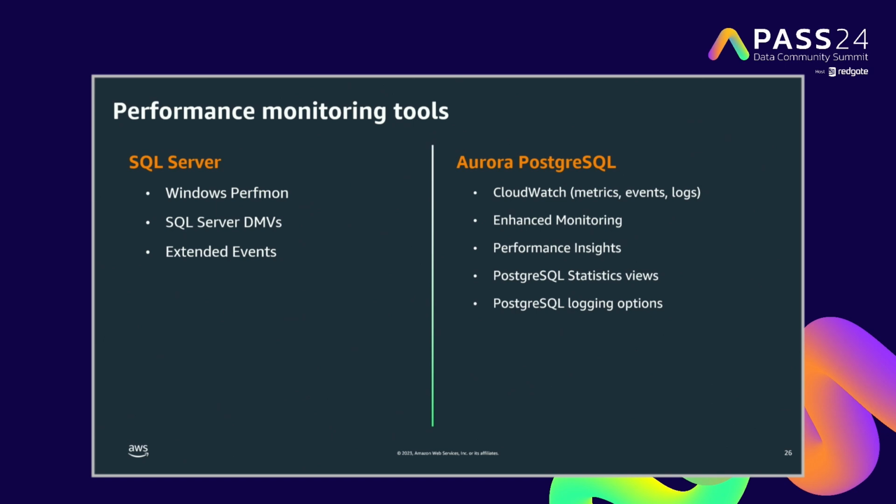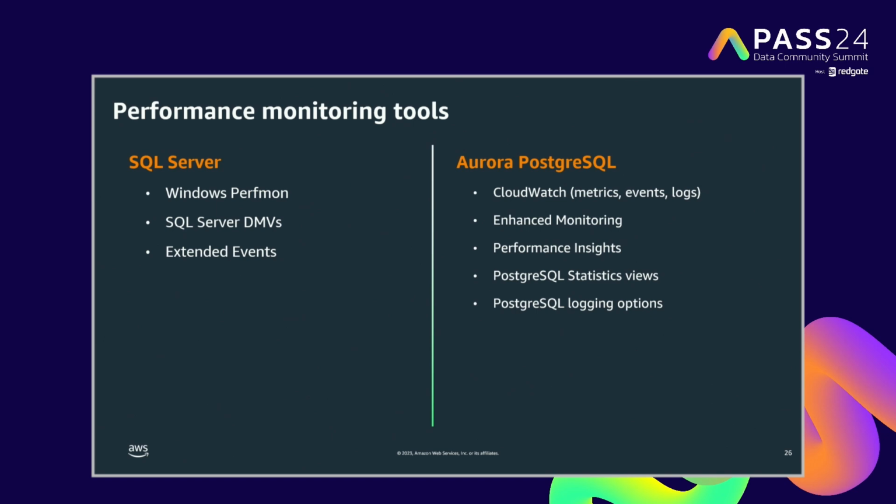And Aurora Postgres also comes with a few statistics views. One of the most common views is pg_stat. All views in Postgres start with pg_stat. Okay. So the most common view is pg_stat_user_tables. And using this view, you can see the list of all the tables in your database and how many rows are in them.